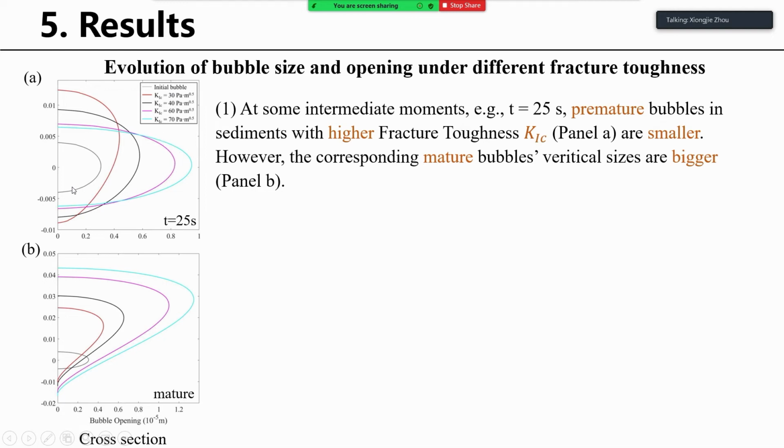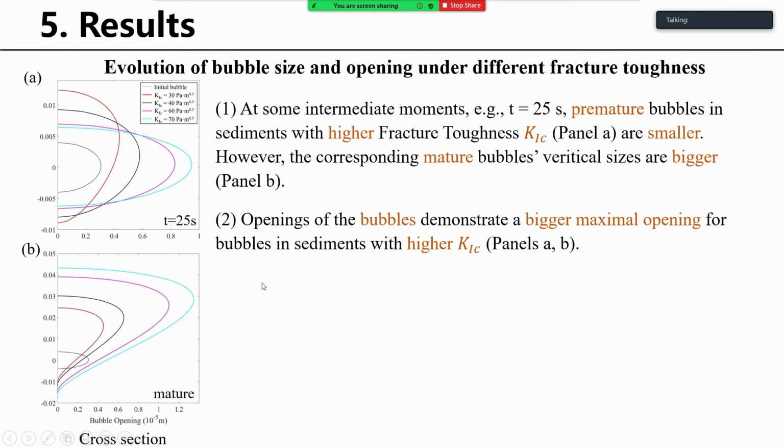However, the corresponding mature bulb vertical sizes here are bigger in panel B. The second one is that the opening of the bulb demonstrates a bigger maximum opening for bulbs in sediments with higher K1C in both cases, here and here.